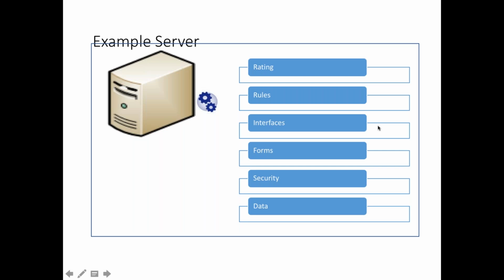Forms. After each transaction, we need to print forms. So example server makes sure that after completion of certain steps, if we need to generate forms, the proper request is fired so that forms can be generated.